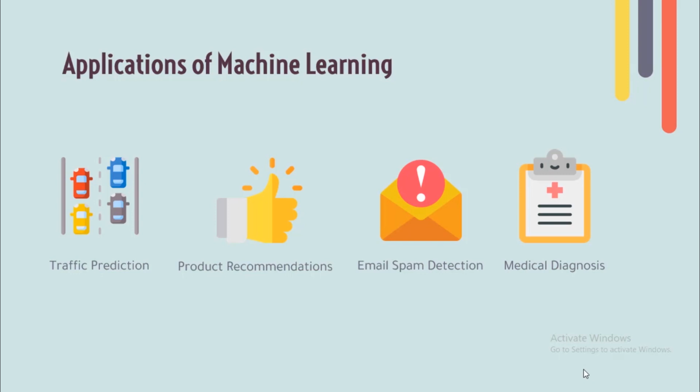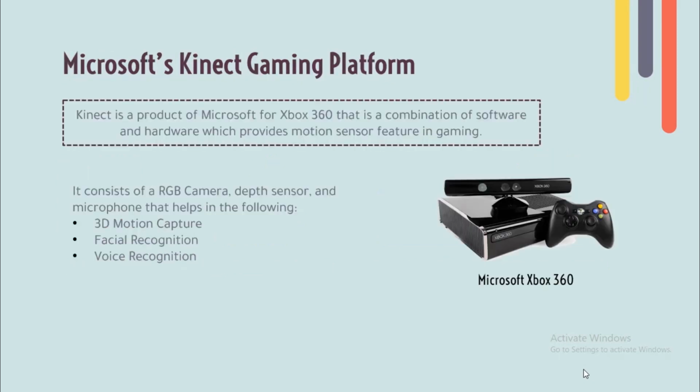Further, let us look into one real life example of machine learning, which is Microsoft's Kinect gaming platform. Kinect is a product of Microsoft for Xbox 360 that is a combination of software and hardware which provides a motion sensor feature in gaming. It consists of an RGB camera, depth sensor and microphone that help in 3D motion capture, facial recognition and voice recognition.